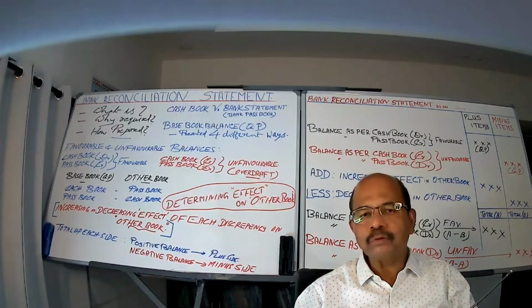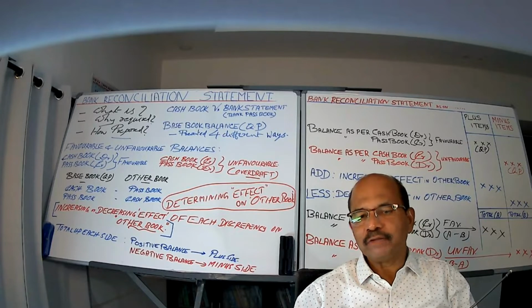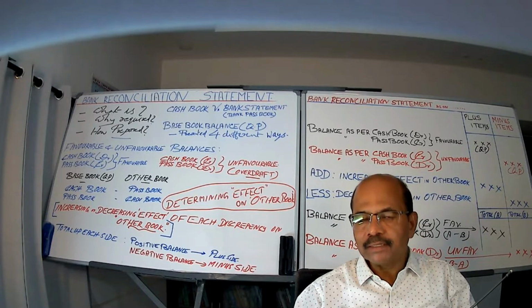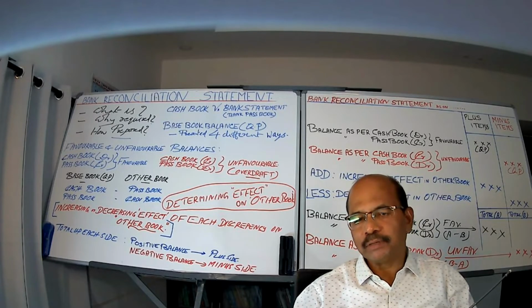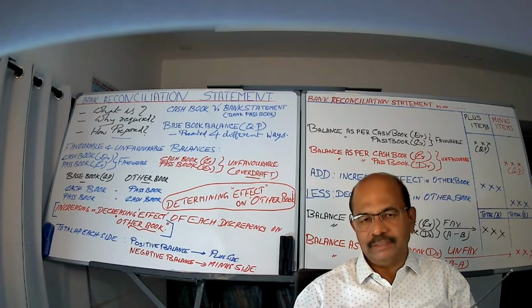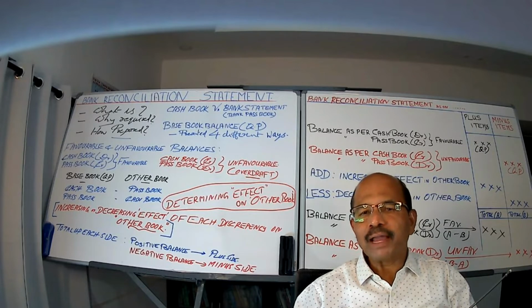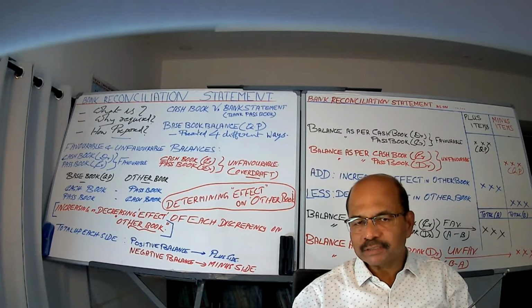I came to know only when the bank statement came to me. So at this moment, there is a difference between my balance and the balance that's shown by the banker. Another case, a check deposited by me subsequently dishonored and bank reduced the balance. I was not aware of it. So long as I have not accounted it, there is bound to be a difference.